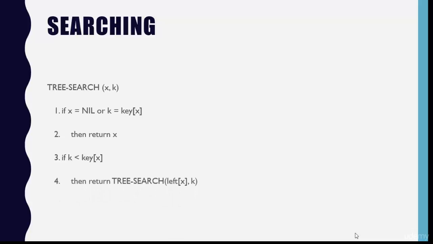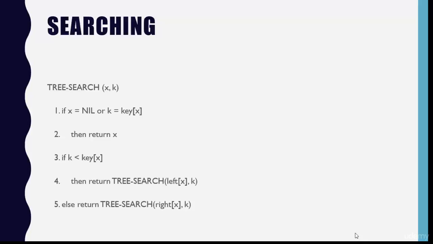Searching. We use this procedure to search for a node with a given key in a binary search tree. Given a pointer to the root of the tree and a key k, tree search returns a pointer to a node with key k if one exists, otherwise it returns nil.